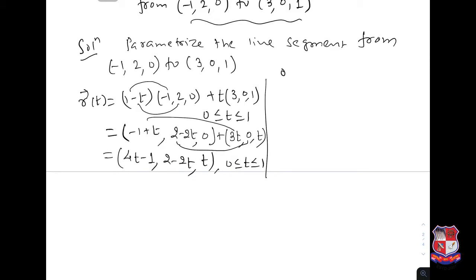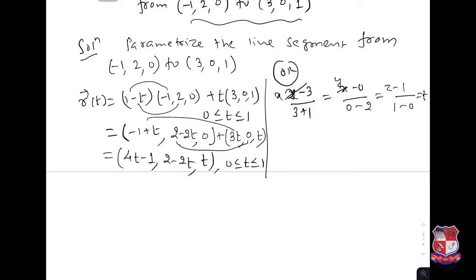You can even apply the 12th standard technique, the line passing through two points.